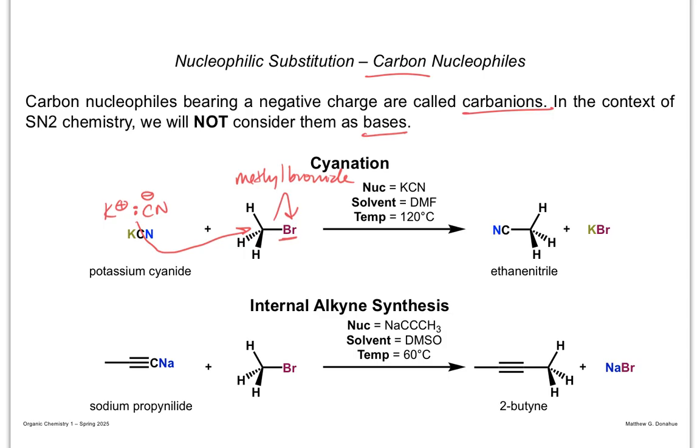The bromine has been substituted now for the nitrile. So remember, once you get a nitrile in there, that triple bond is in region 2, 2400 to 2200, a sharp singlet.